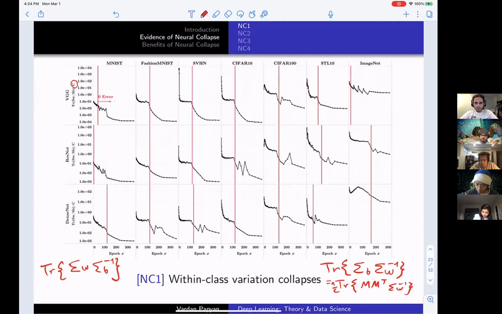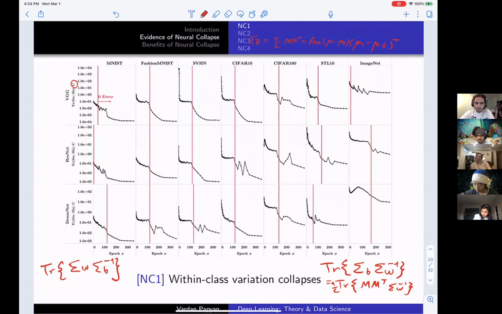Does this equality make sense? So all I said here was that the between class covariance is equal to 1/C M M transpose, which is equal to the average of the class means minus the global mean, multiplied by the class means minus the global mean transpose, right?